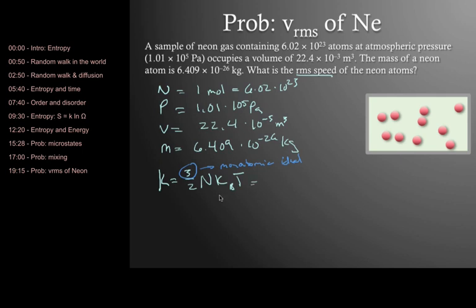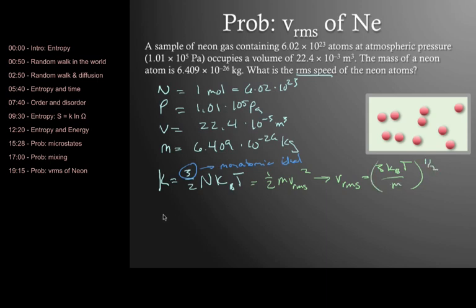And then this is for our 3 degrees of freedom, so X, Y, and Z. So basically we can ignore vibrational and rotational degrees of freedom that you would have with oxygen or something. So this kinetic energy is related to 1/2 m vRMS squared. And so then our vRMS is going to be equal to 3 kBT all over m, and we're going to take the square root of that.